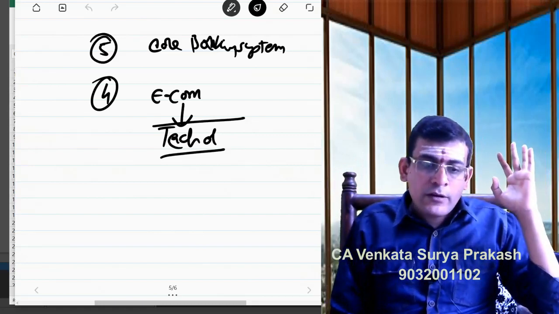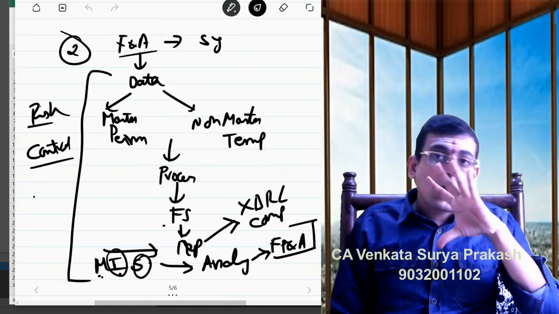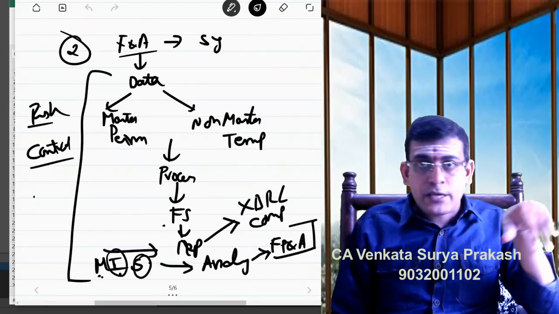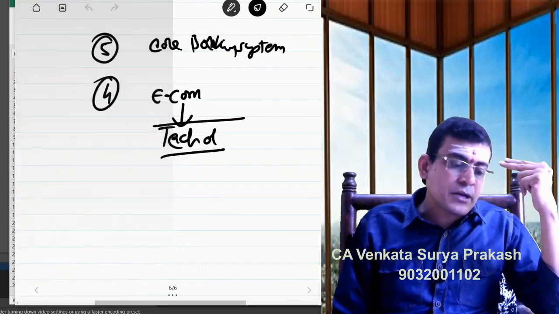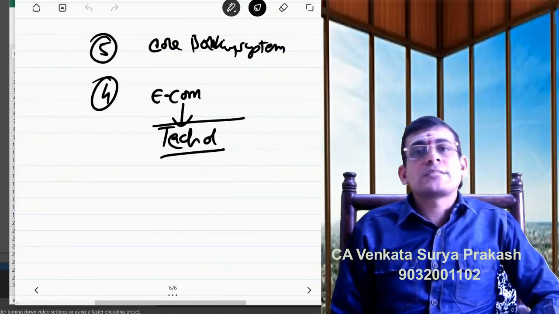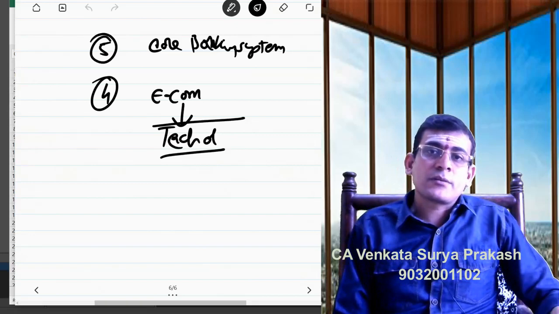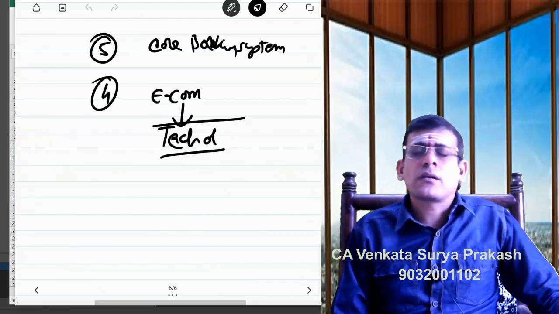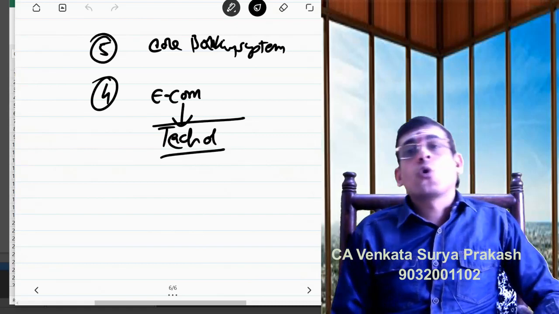In the next session, I will not go in the order of your ICA. Your first chapter is business process automation. The second chapter is our financial accounting system. The third chapter is information system components and controls. The fourth is e-commerce, and the last chapter is our core banking system.